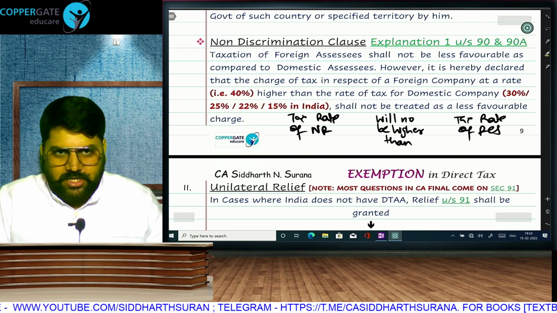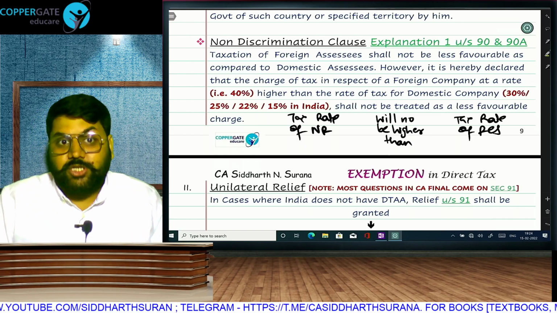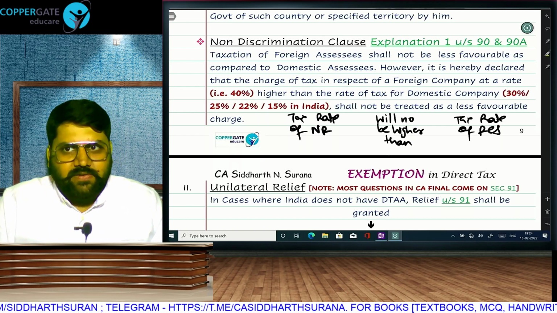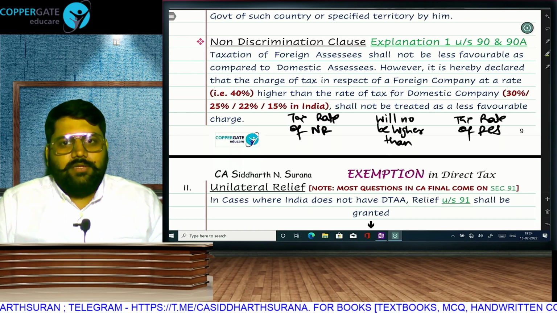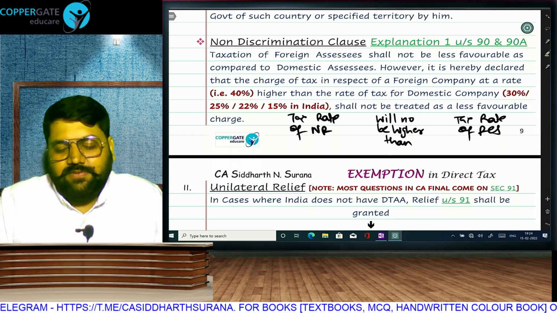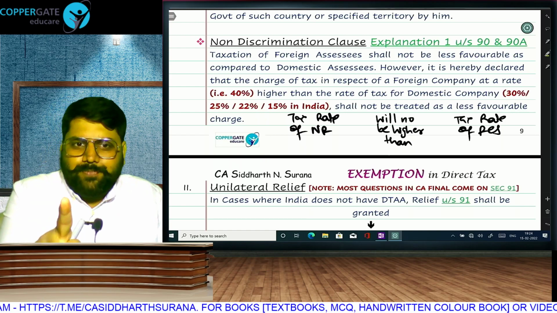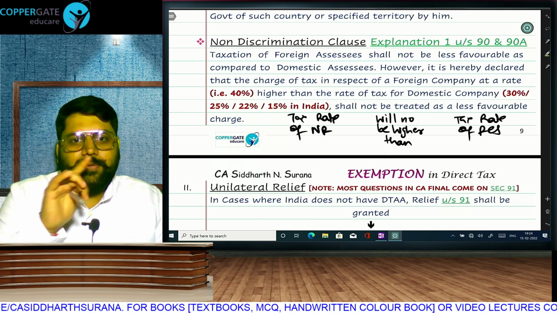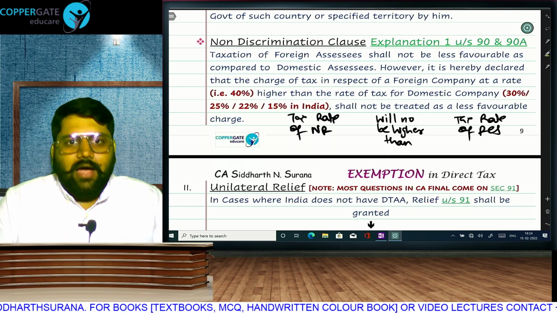India is promising Germany that we will not tax Germans more than Indians. Germany is promising India, we will not tax Indians more than Germans. So India is promising we will not tax Germans higher. Germany is promising we will not tax Indians higher. Your people, we promise that your people will not be taxed at higher rates.